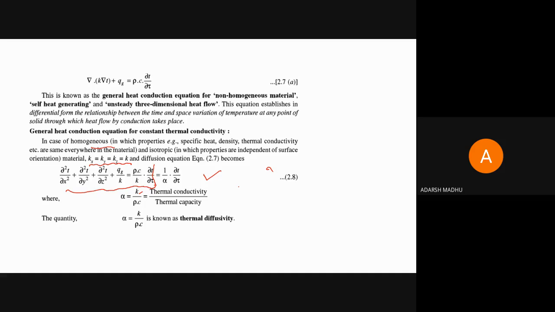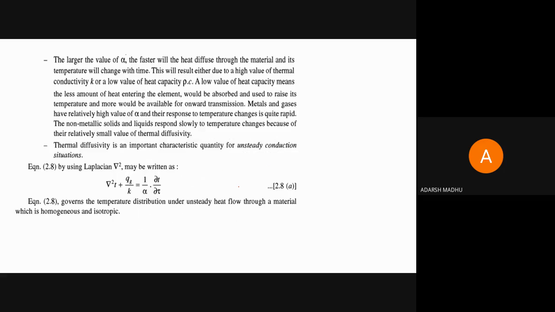Another thing I forgot to explain last class is some theory: the larger the value of alpha, the faster will be the heat diffusion.